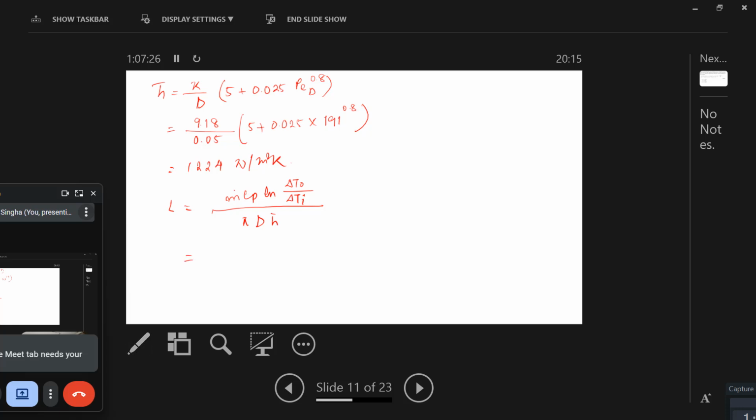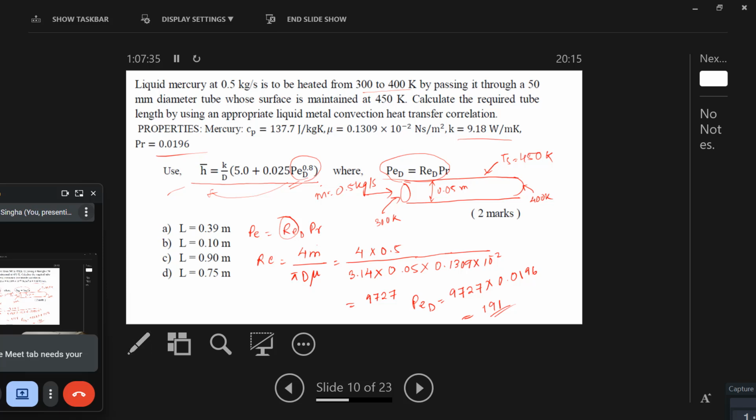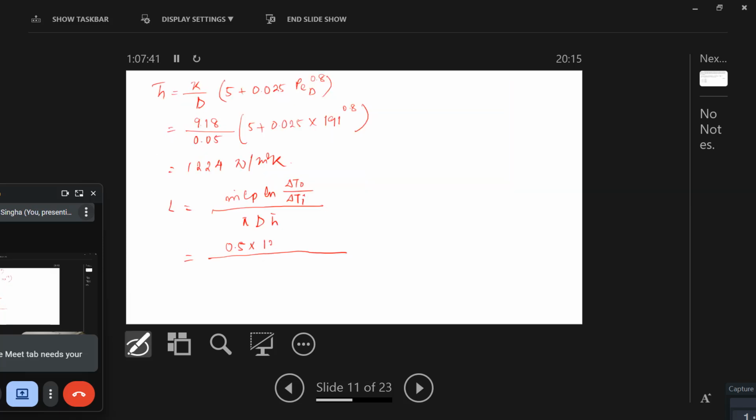Now if we substitute all the values, m is 0.5 into cp, cp is 137.7, into ln delta T naught by delta Ti.